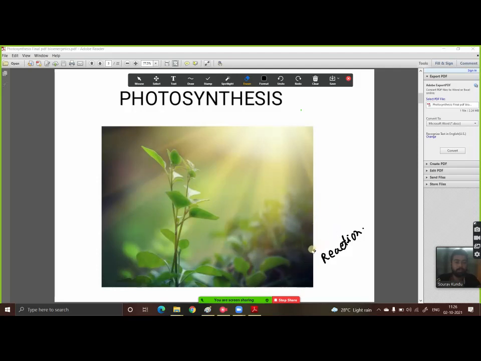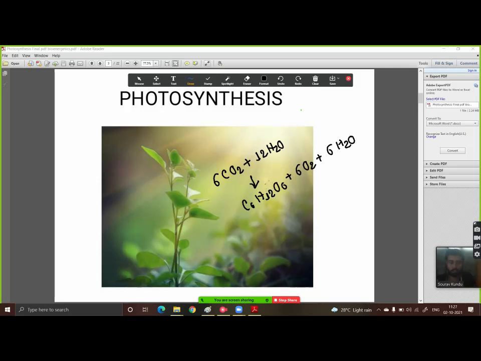Let me erase this part first. So if it is a redox reaction, here 6 molecules of CO2 with 12 molecules of H2O give rise to C6H12O6 plus 6O2 plus 6H2O.